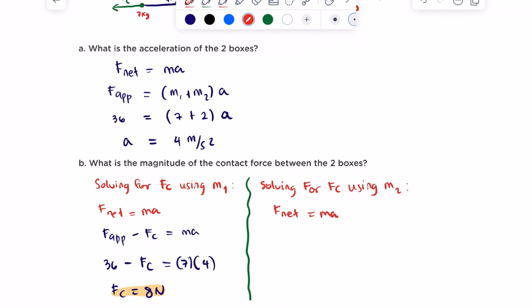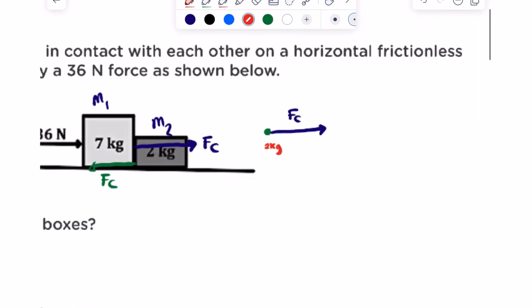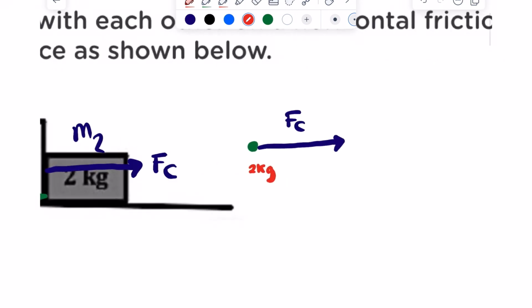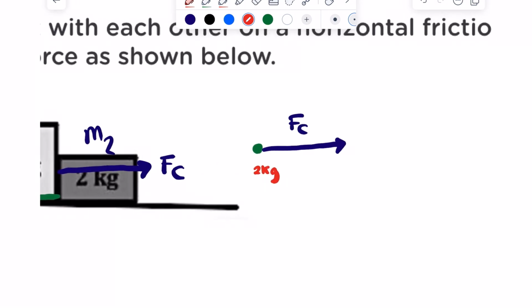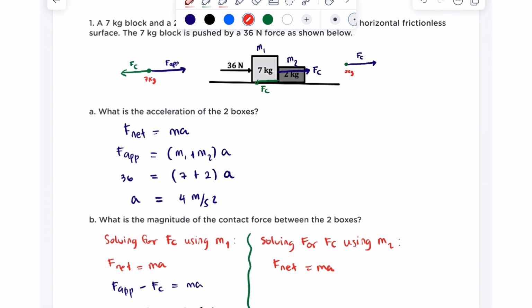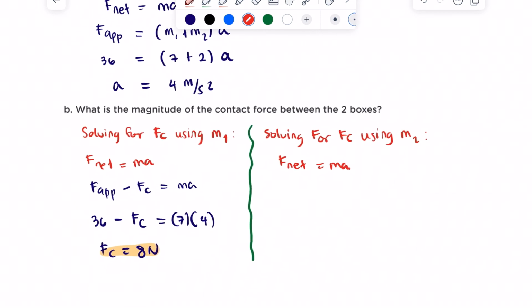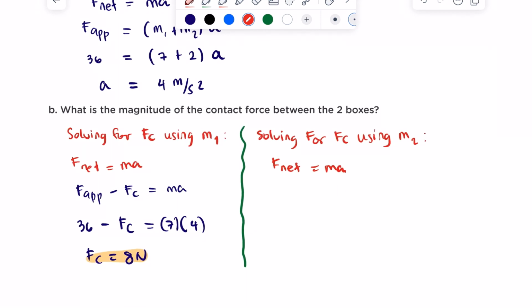If we're going to look at mass 2, this is the free body diagram of mass 2 or the 2 kilogram block, and the only force acting on it is the contact force. So in fact, our F net here, as we use the 2 kilogram box, would just be the contact force. So that's our F net, and that is equal to ma.